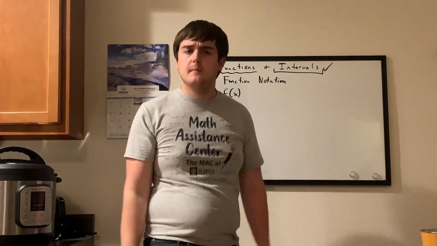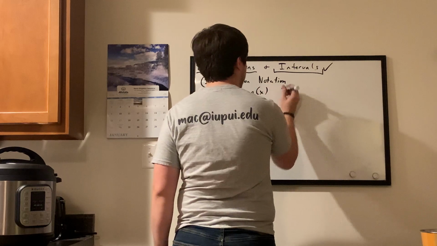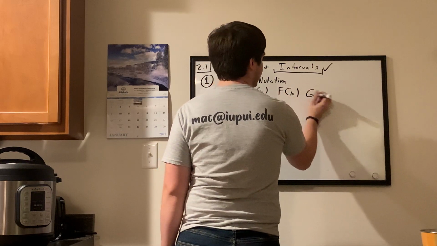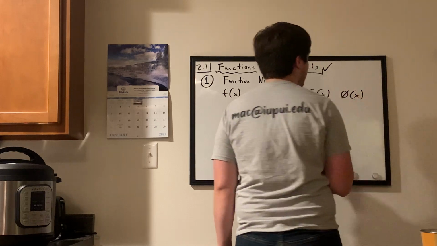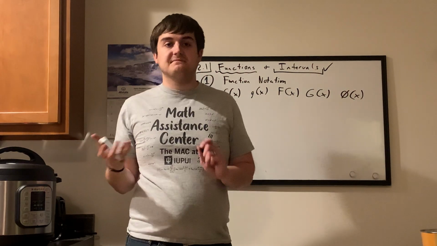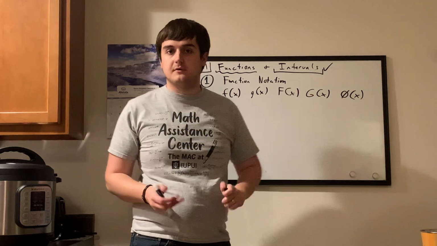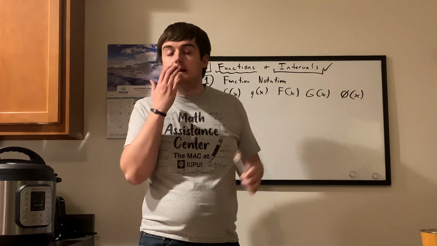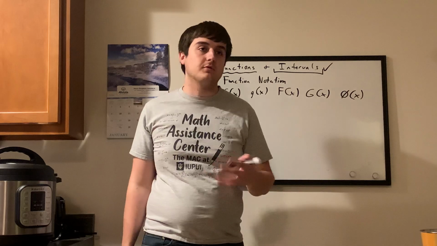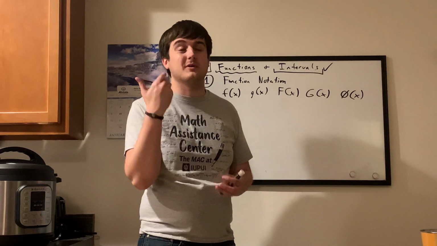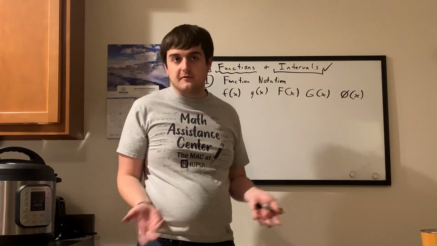But we don't have to use f. I could use g of x. I could use a bigger F. I could use a bigger G. I could use some crazy letter like phi. But here's the thing. x doesn't even have to be x. I could use another variable. It doesn't matter. I call x my independent variable, but if x isn't necessarily the variable I'm using as my independent variable, it's not like everything's going to break down.